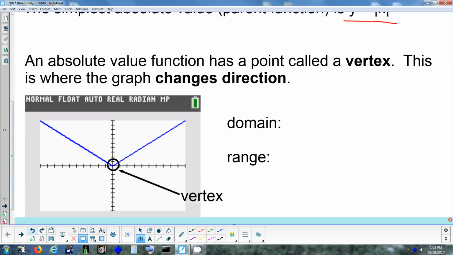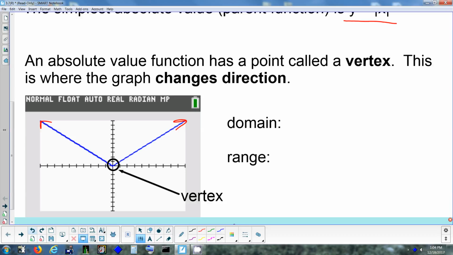Domain. Can someone remind me, what letter does domain have to do with? It's x. Yes, domain is x. Okay, look at that V shape in blue. How far does it go to the left and the right? Infinity.